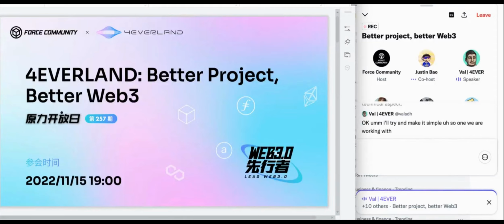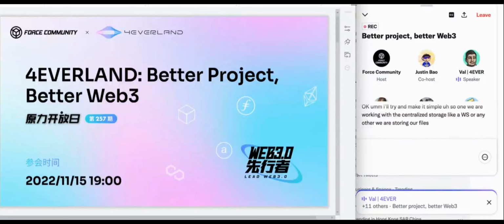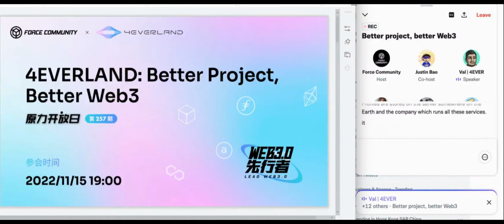So when we are working with centralized storage like AWS or any other, we are storing our files with a centralized storage provider. Physically, it means that our files are stored on a server somewhere on the earth, and the company which runs these services has full control of this data.